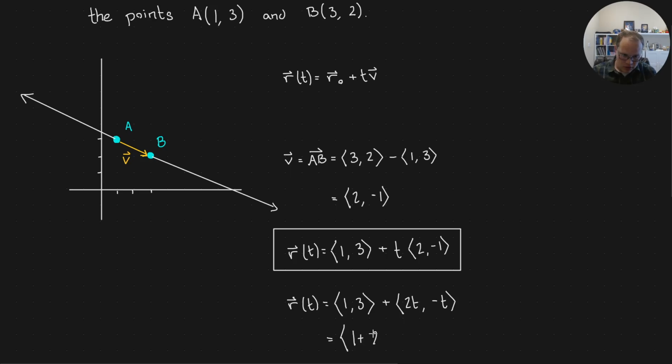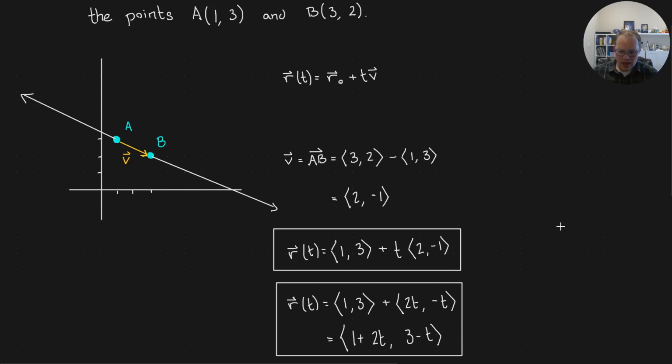I have 1 plus 2t, and I have 3 minus t. This is exactly the same thing. I kind of like this form a little better because it's real easy to grab the important details. Oh, that's the point on the line. Oh, that's the vector parallel to the line.